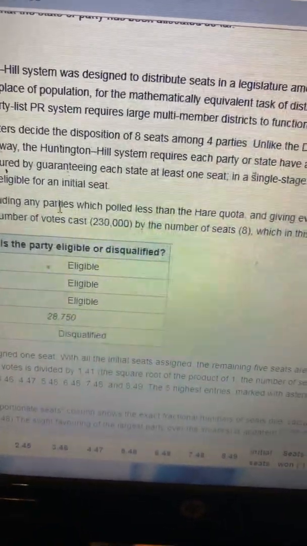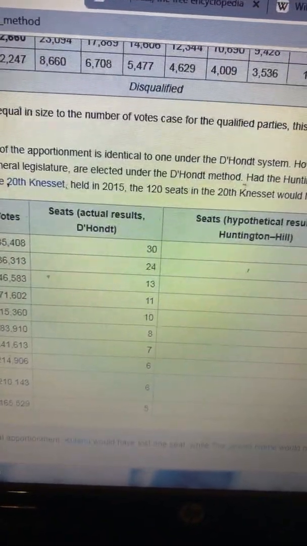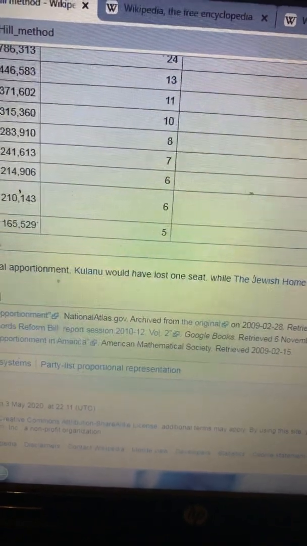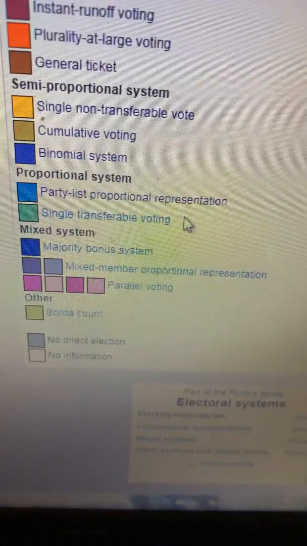For example, here, and single transferable.